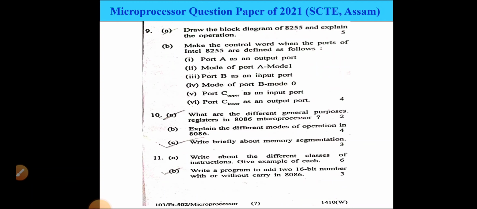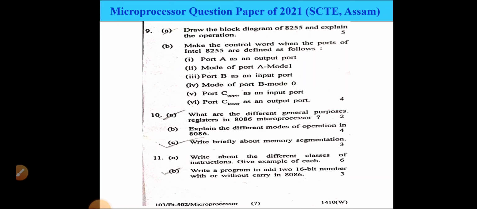Question 9A: draw the block diagram of 8255 and explain the operations. 9B: make the control word when the ports of Intel 8255 are defined as follows: port A as an output port, mode of port A mode 1, port B as an input port, mode of port B mode 0, port C upper as an input port, port C lower as an output port.